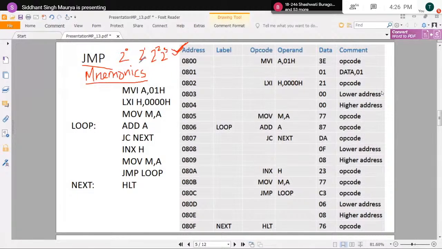Basically this can go on infinitely. So whenever this number becomes greater than 255, that is 256, there will be a carry generated, and because of that carry, the program will stop there. At the end of the lecture, we will see this practically.